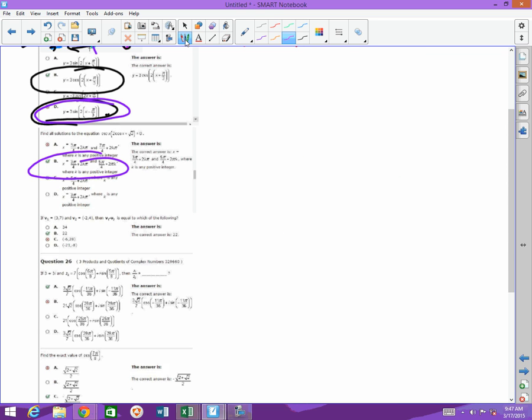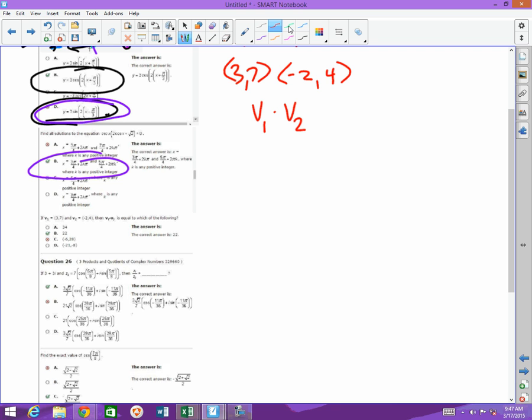Next question says, where are we at? 3, 7, negative 2, 4, then V1, V2. Okay. 3, 7, negative 2, 4. And you're supposed to find the V1 dot V2.